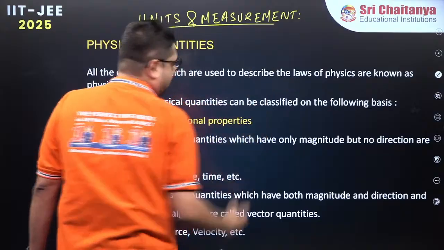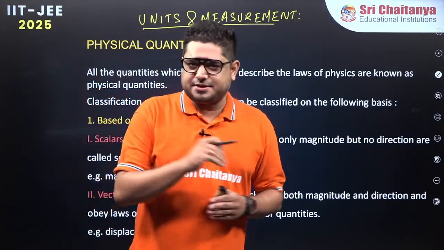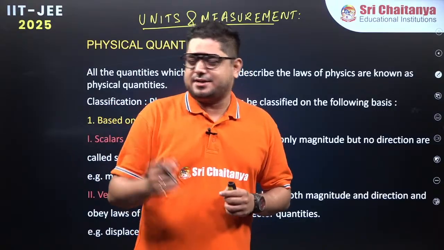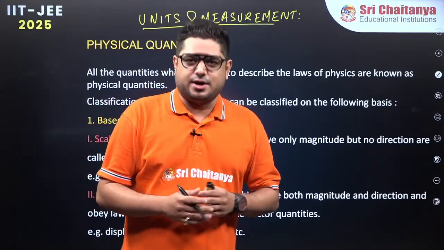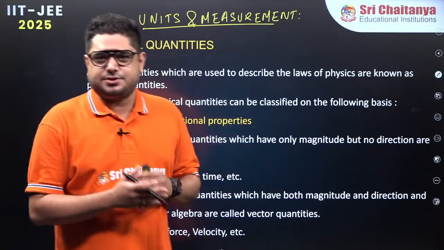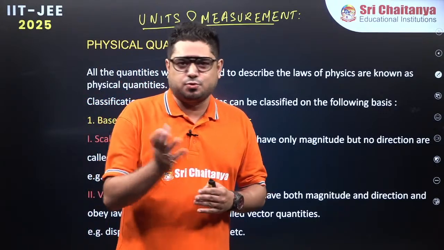Now if you can recall, in the previous week, when we started vectors, I already mentioned physical quantities, isn't it? Those quantities which can be measured, and physical quantities can be classified on the basis of two aspects.